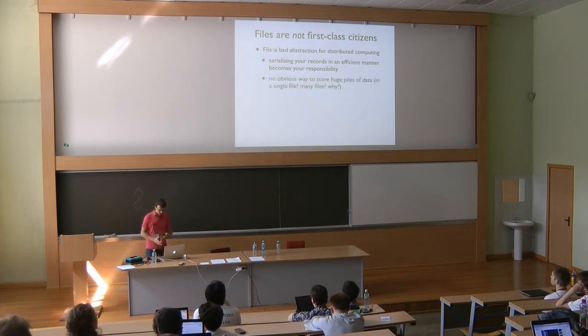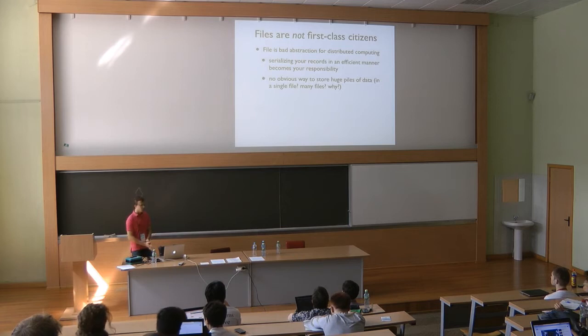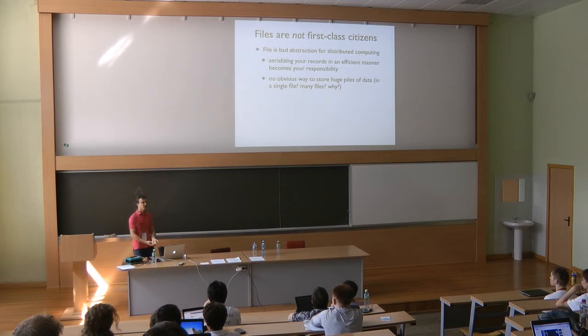And actually, when you have a scale of a few terabytes, when your data compounds to several terabytes or even petabytes, it's not obvious how you should store this data. Either you should use a lot of files or you should use a single huge file. If you look at the Hadoop implementation, Hadoop uses the notion of files, but usually when you provide an input to your operation, you provide a whole directory of files.